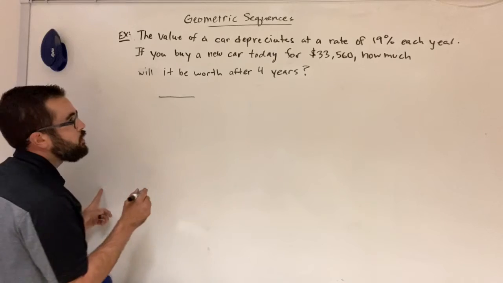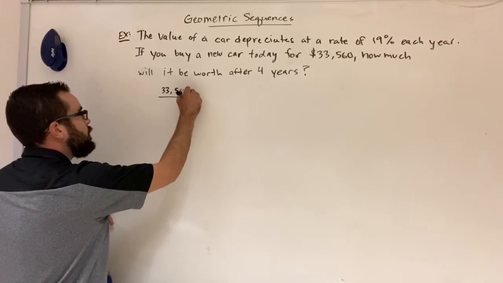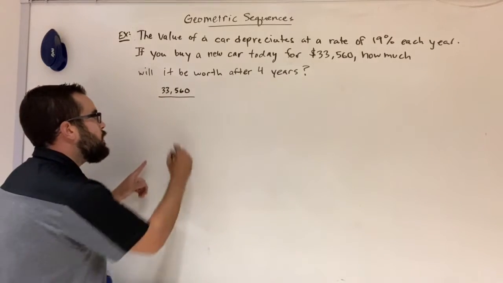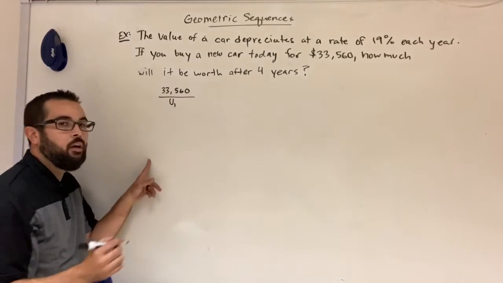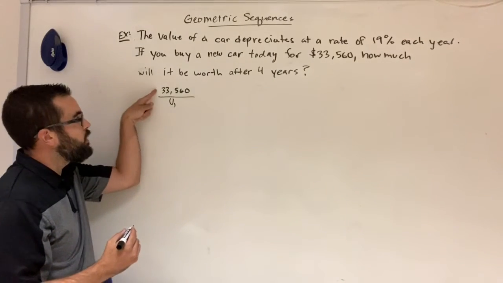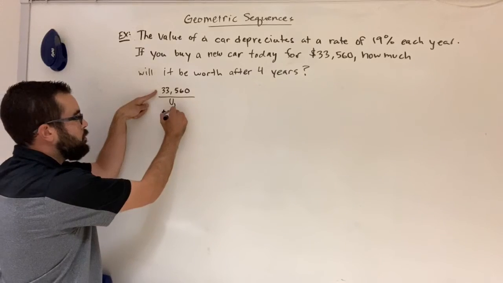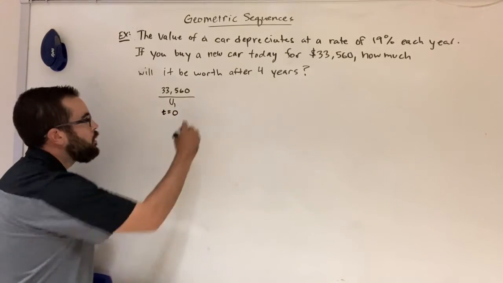So the first term in the sequence is that 33,560. Okay, this is the first, this is U sub 1. Okay, but what is the time frame for this value of the car? This is when t equals 0, right? This is when you first purchased the car.